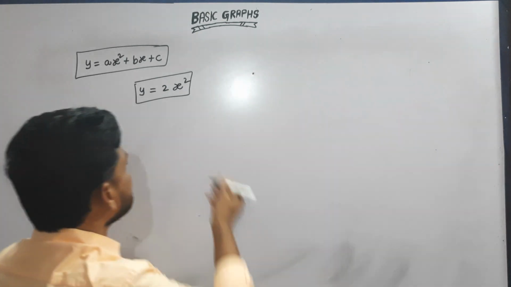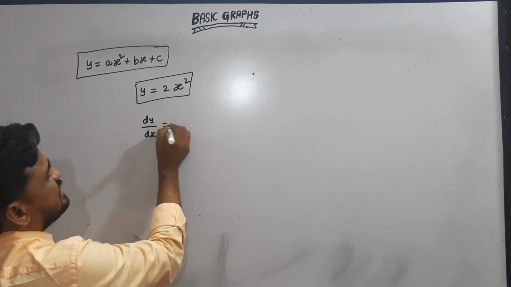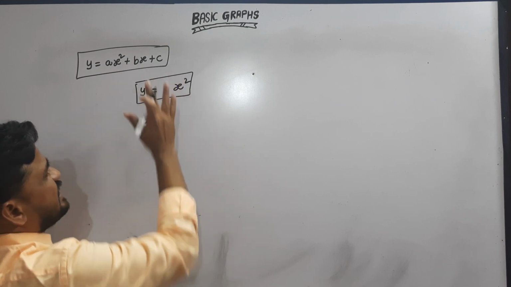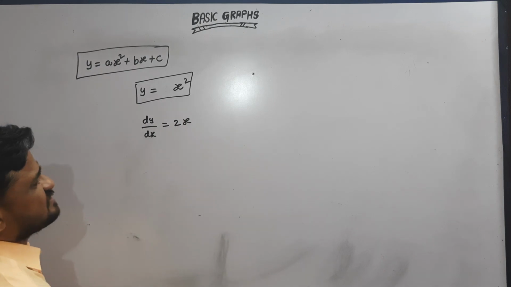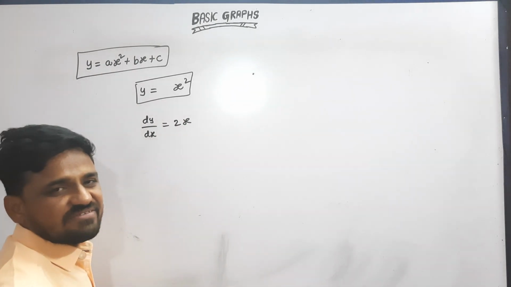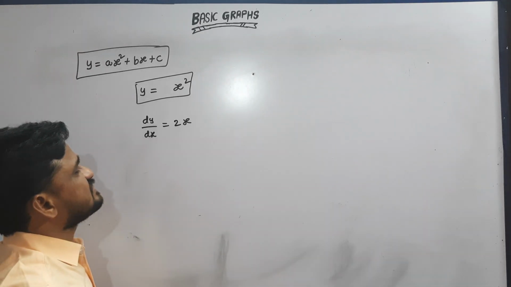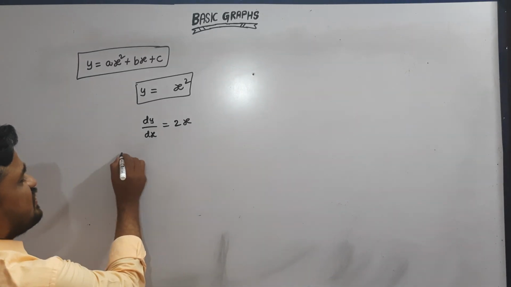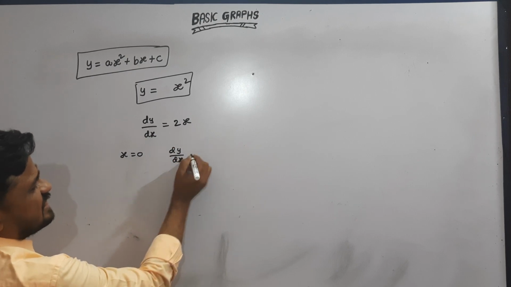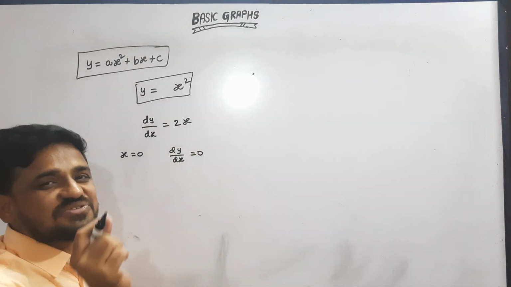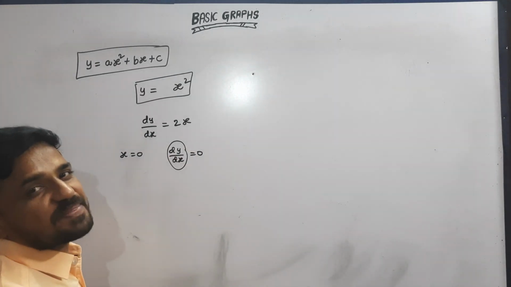See, differentiate this. Suppose y equal to x square, dy by dx equal to 2x. If x equal to 0, dy by dx equal to 0, so at x equal to 0 the slope of the graph is 0. dy by dx means the slope of the graph.